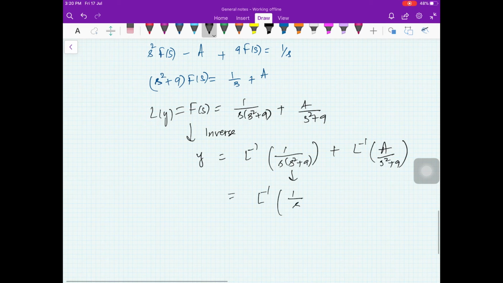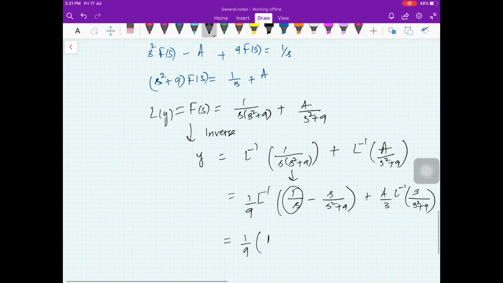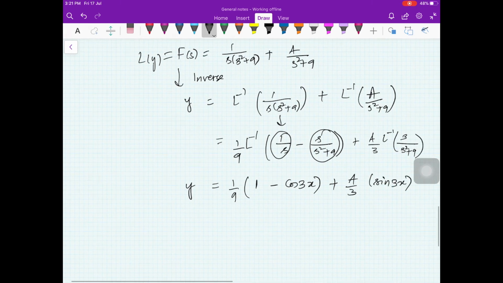So you have L inverse of 1 upon s minus s upon s square plus 9, with 1 by 9 outside, plus a outside. You can multiply with 3 and divide with 3 to make the formula for sin x. So this is 1 by 9, L inverse of 1 by s is 1, minus cos 3x, plus a by 3 sin 3x. This is equal to y.